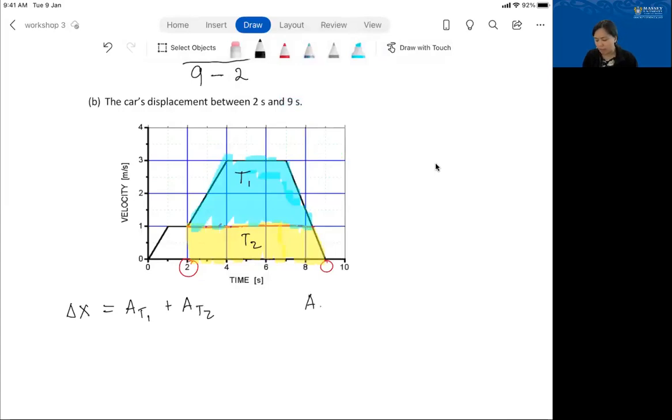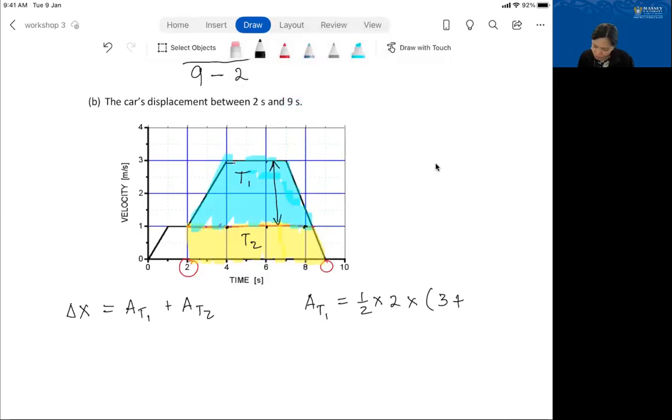So the area of trapezoid 1 is 1/2 times the height. The height is the distance between the 2 parallel sides. That will be 2 times the sum of the bases. The first base is 3, so that's 3 seconds, plus, you have here 2, 4, 6 and a little bit.